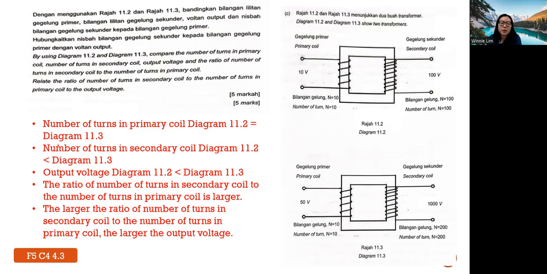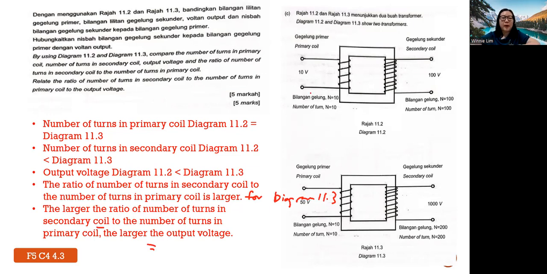Then point 4, the ratio of number of turns in the secondary coil to the number of turns in the primary coil is larger for diagram 11.3 also. So the larger the ratio, the larger the output.